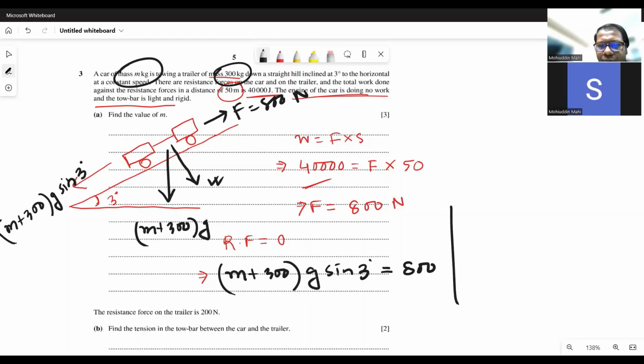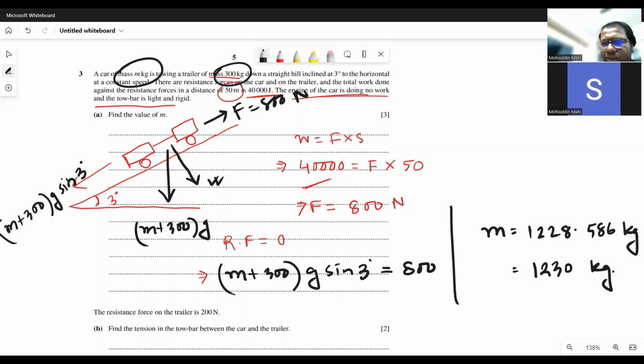So from here we have to make m the subject. The value of m is going to be 1228.586 kg, or if you round it off, 1230 kg. So that's how we can find the value of the mass of the car, the value of m.